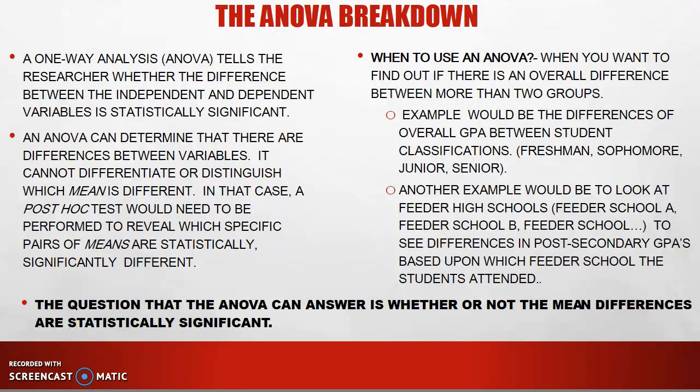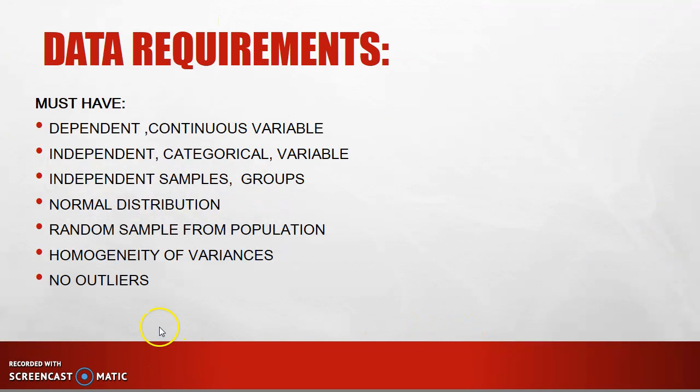We just used the example of GPAs within the classifications of sophomores, juniors, freshmen, and seniors. Another example might be feeder schools, maybe that all of these students formerly attended. You can see the differences in their post-secondary GPAs, perhaps based upon which feeder school those students attended. Remember that the question ANOVA can answer is whether or not the mean differences are statistically significant.